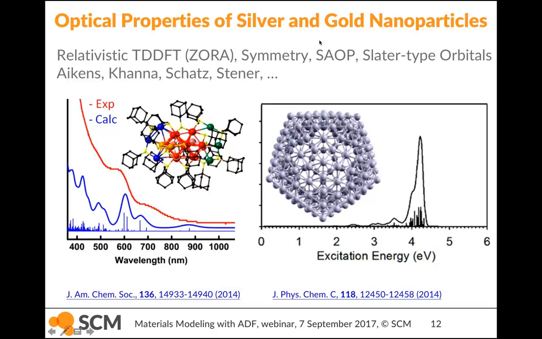Furthermore, in ADF, there's a specialized exchange correlation model potential, statistical average of orbital potentials, SAOP, which turns out to be particularly well suited for studying optical properties of any type of system, but particularly nanoparticles. That's because it has the right long-range behavior, as opposed to the typical density functional exchange correlation functionals that you would use.